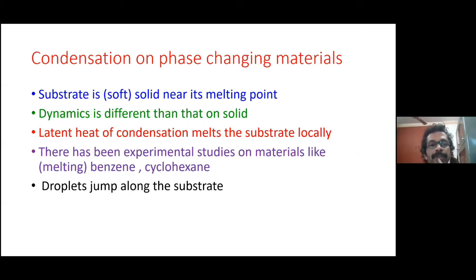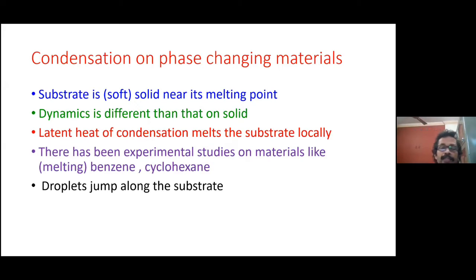Then there have been a few studies in the last few years on what if the substrate is phase changing, not just solid or just liquid, and water vapor is condensing on this. For example, there have been studies on benzene or cyclohexane near their melting points. The latent heat of condensation melts the substrate locally.